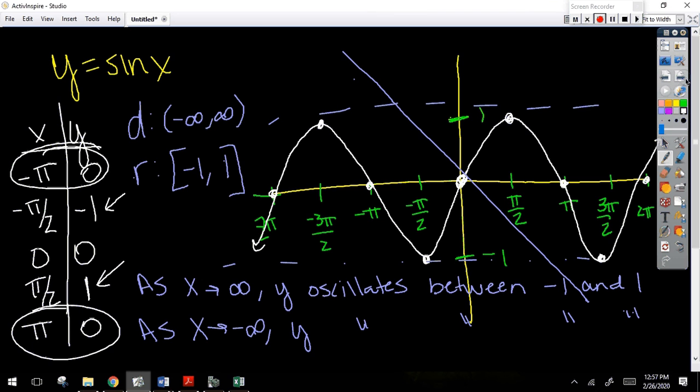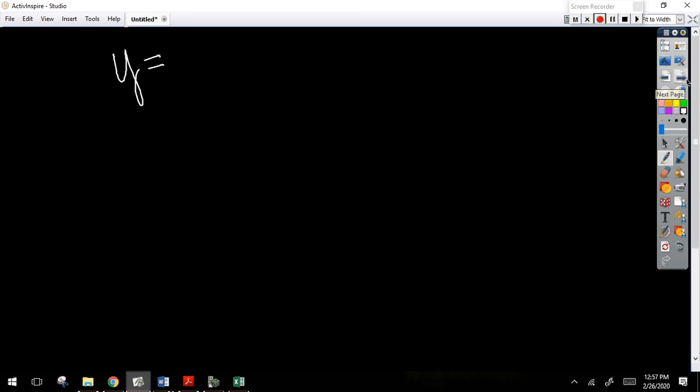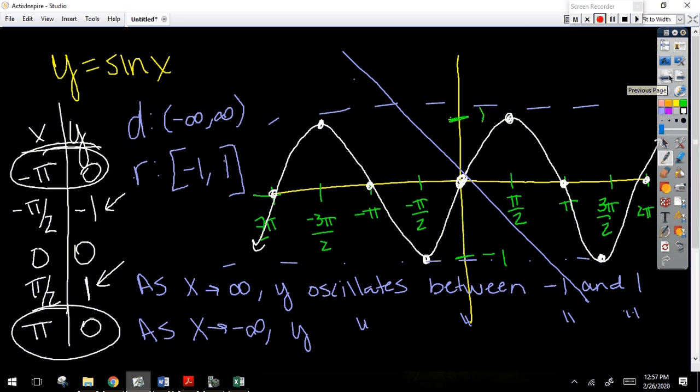Let's do cosine now. By the way, is this sine function bounded? It's bounded above and below because it has maximums and minimums. Are the maximums and minimums on here relative or absolute?